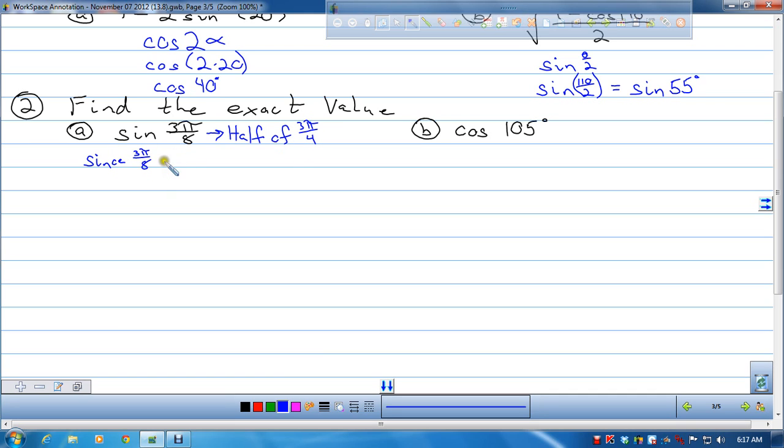So half of it is in quadrant 1. Then we know it is going to be positive.